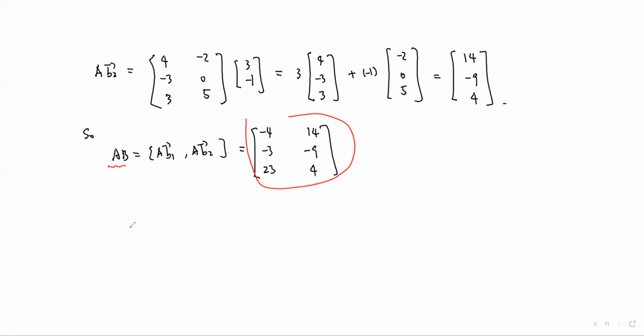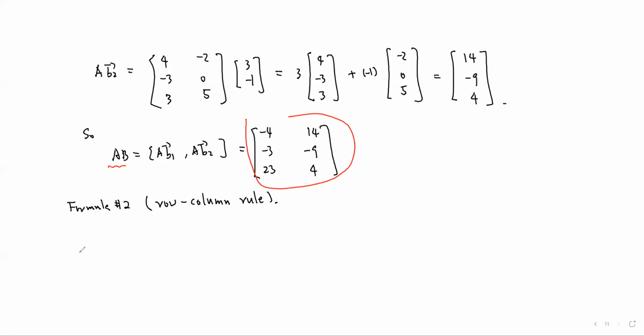But I usually like to use formula 2. The book gives this formula a name: call it row-column.